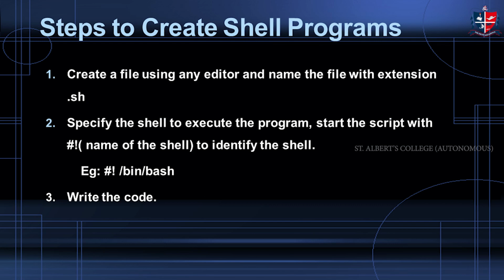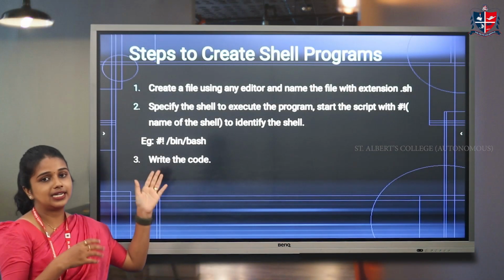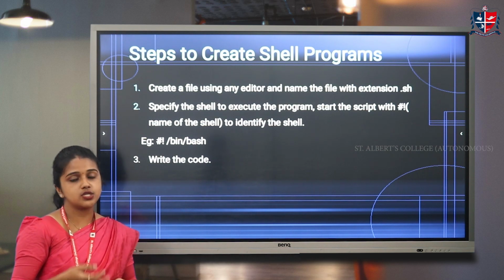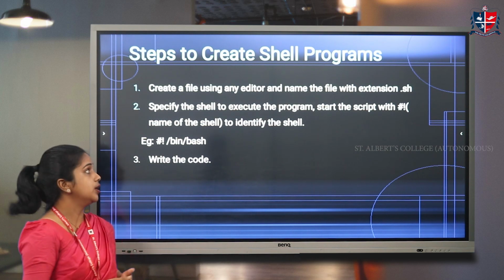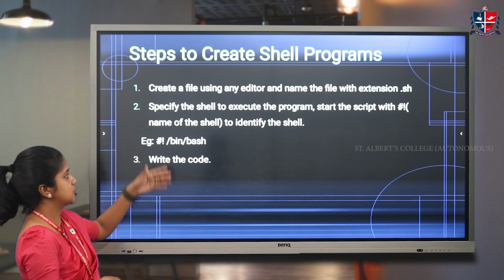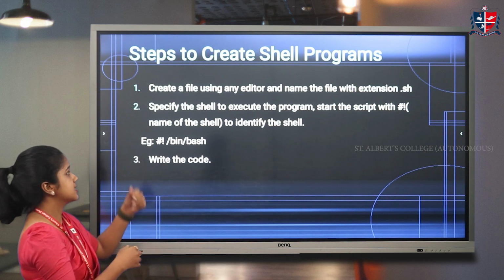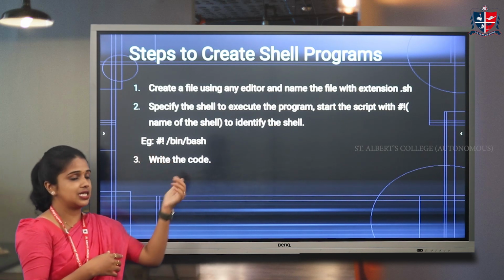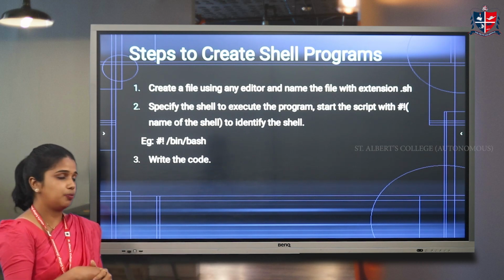We specify the shell in this format, that is hash exclamation and then the name of the shell. An example is given, hash exclamation and the shell. In this example, the bash shell, that is the Bourne Again shell, is given to execute the program.